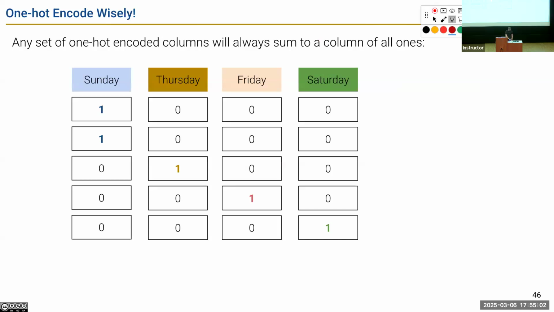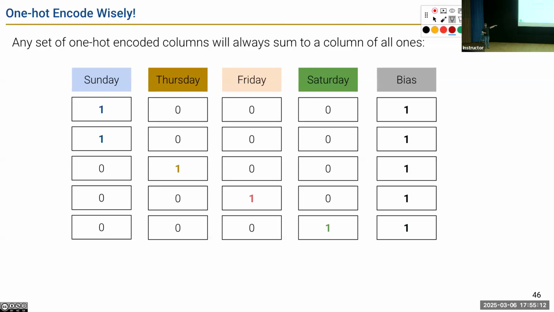Keep in mind, all of your one-hot encoded columns are going to sum to 1. If I added up all of those columns, I end up with a column of 1s. If I include all of these columns in my design matrix, what happens?